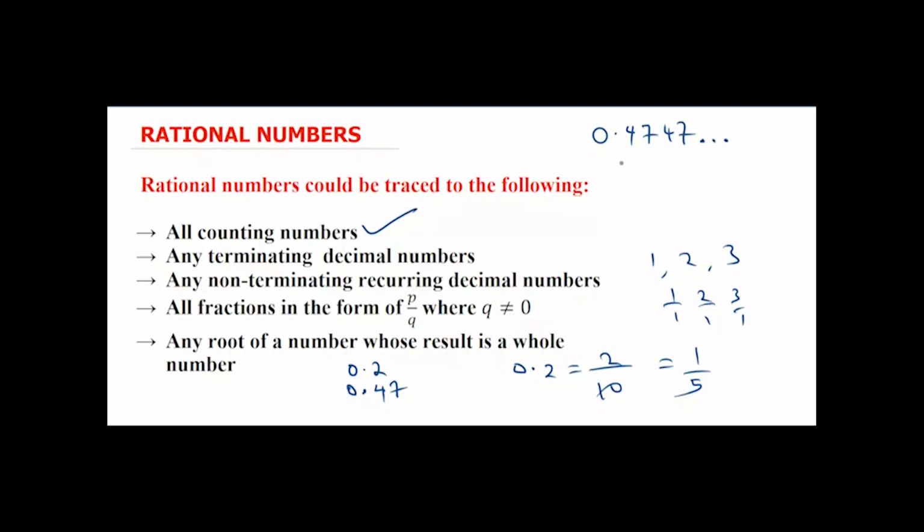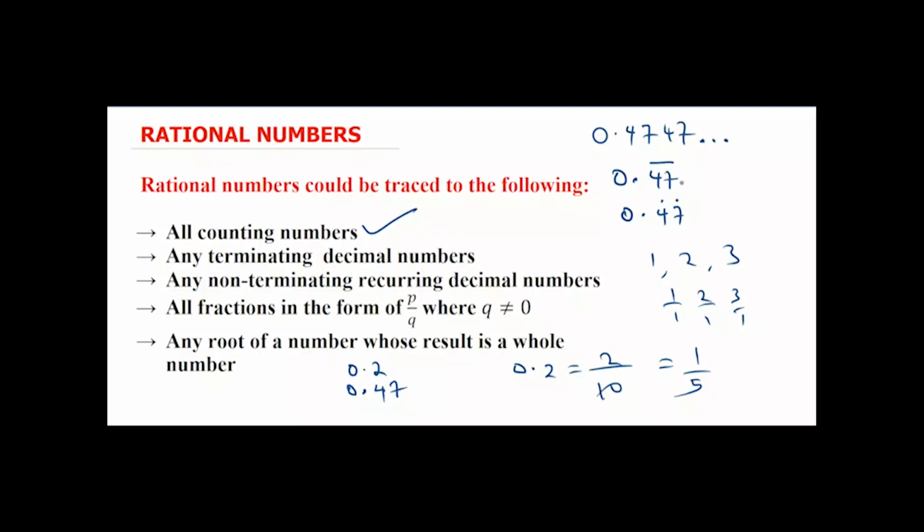Okay, and another way you could write this is to say 0.47, then you put a bar over 4 and 7. So that bar tells us that 4 and 7 are recurring digits. Another way you can write this is to say 0.47, then you put a dot over 4, a dot over 7. So this tells us that 4 and 7 are recurring.